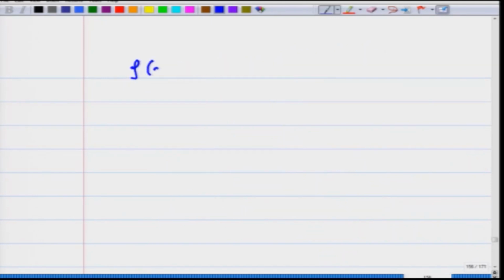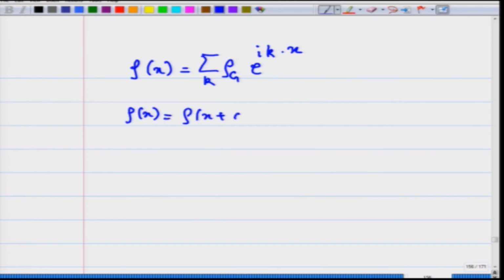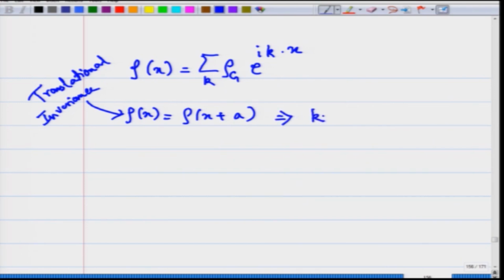So, if rho of x is written as a Fourier transform, this is rho of g e raised to i k x, this is a one dimensional lattice, then the requirement of translational invariance suggests that this vector k with which we take the Fourier transform has to be in integral multiples of this 2 pi by a.